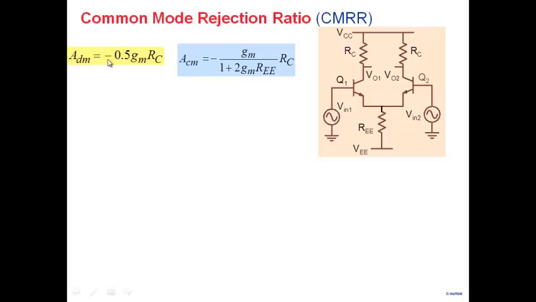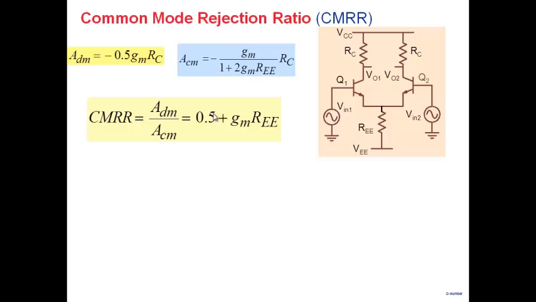So a good differential amplifier will give you very high ADM and very low ACM. That's a good differential amplifier, which means another way of measuring how good a differential amplifier is by taking the ratio of the two. How large is the differential gain compared to the common mode gain? So if I take the ratio of the two, I get here straightforward 0.5 plus GMRE.